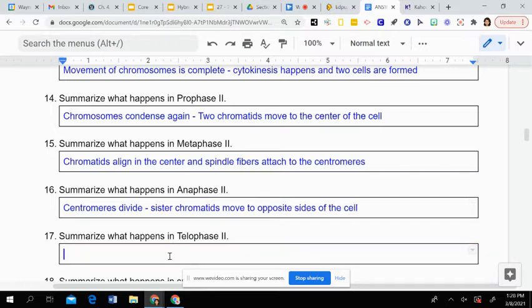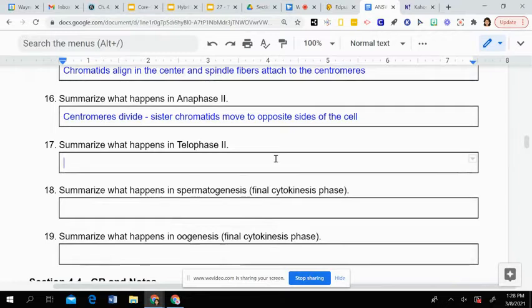And then telophase 2, you again have the movement is complete. This time, cytokinesis occurs and 4 haploid cells are created. Okay.